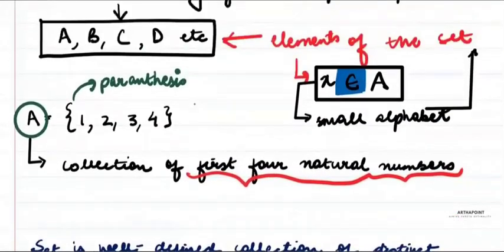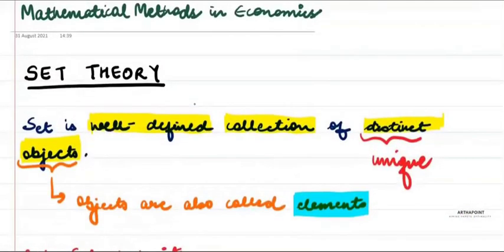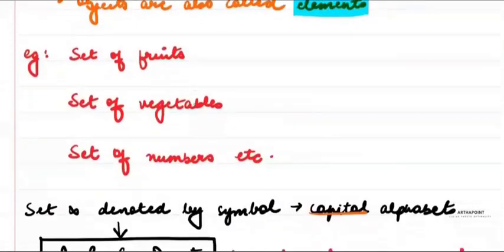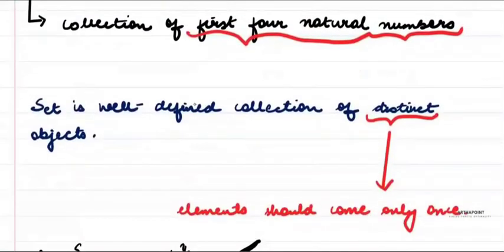Now, I'm going to go back to the definition of sets, that a set is a well-defined collection of distinct objects. And now I'm going to focus on the word distinct. What does it mean to be a distinct element? An element is distinct if it is only coming once in the set.